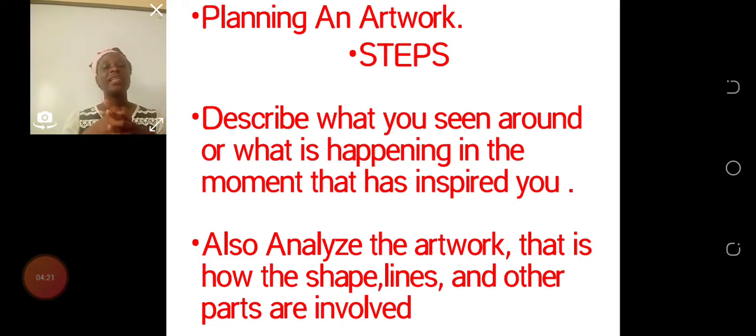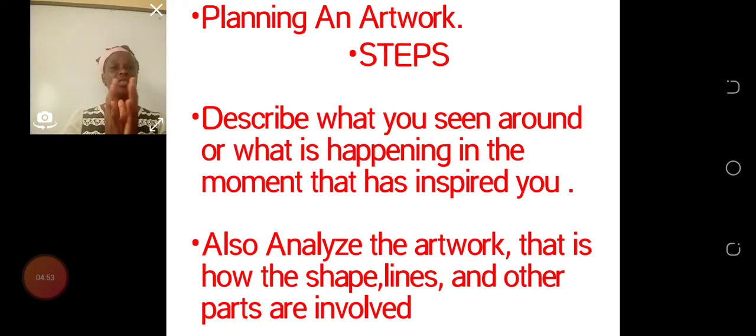Good. Let's go to the second one. After describing what you've seen around, you have to analyze the artwork. What do you mean by that? You have to look at the shapes around. Maybe you've seen mommy. You have to look at how big or how small the gas cylinder is.